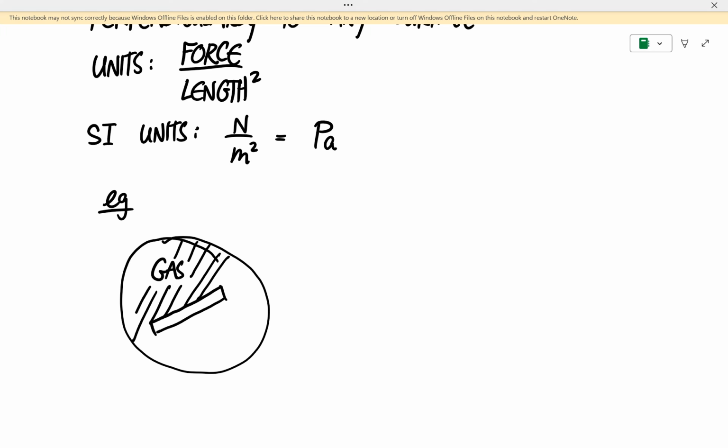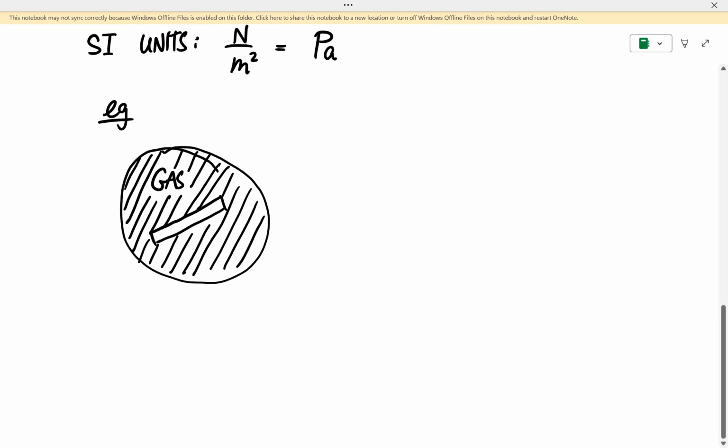Let's say it's a gas. What's the direction of the force that the pressure in this gas is applying to the outer walls and then to this object inside?